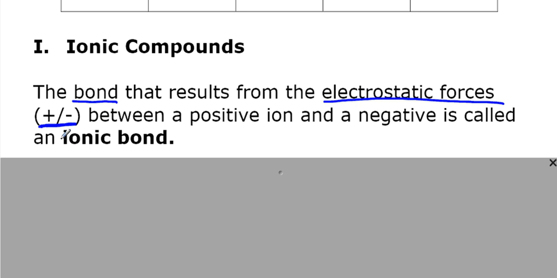But here, that positive and negative thing is going to be a positive ion and a negative ion. The positive ion is going to be a metal, and the negative ion is going to be your nonmetal.